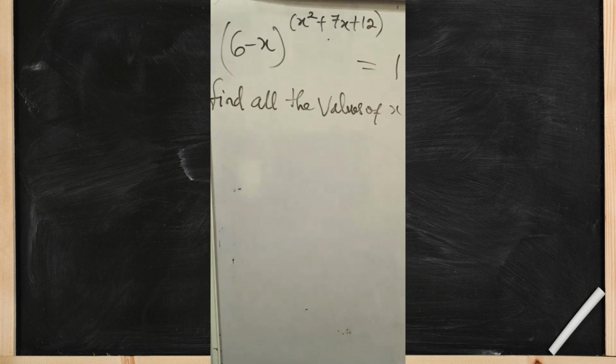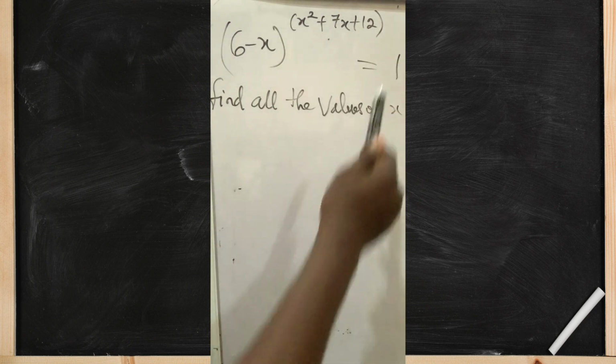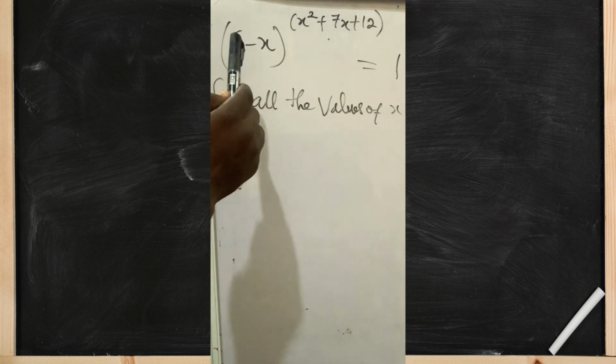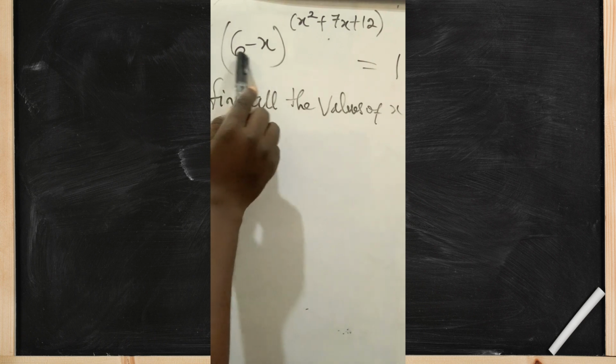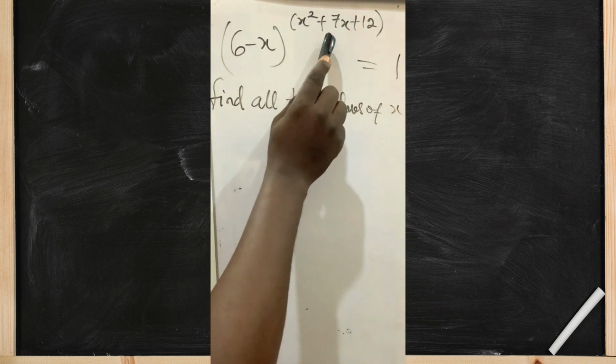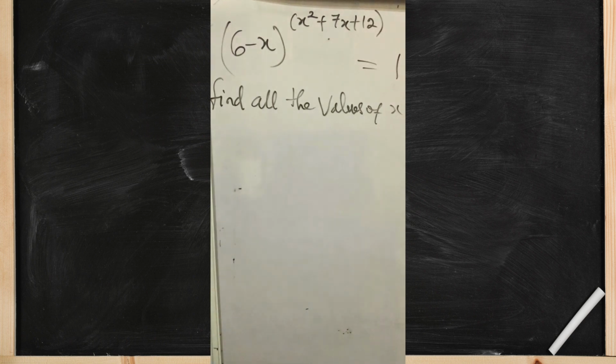Now, in order to get all the values of x, the first thing you need to have at the back of your mind is that this one actually gives us a hint that something is going on here. We need to make sure we're having a base of this figure before we can solve for this question. And as I said in the last class, anything raised to power 0 is 1.